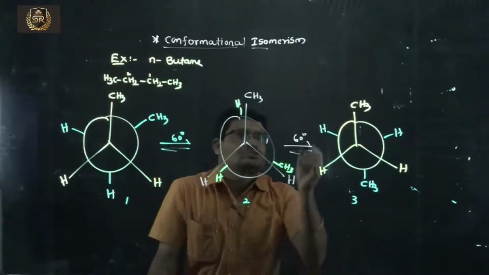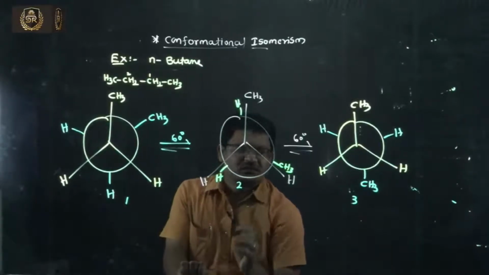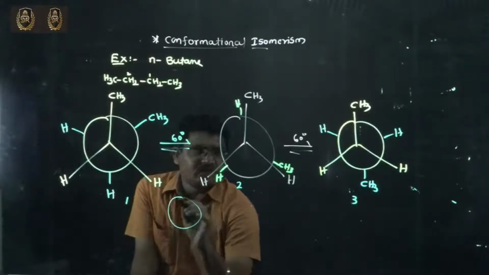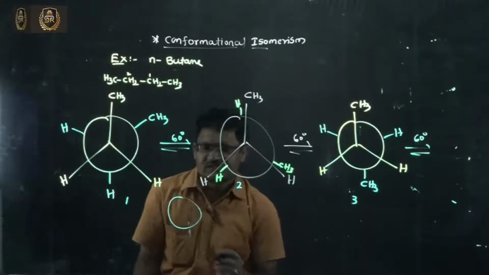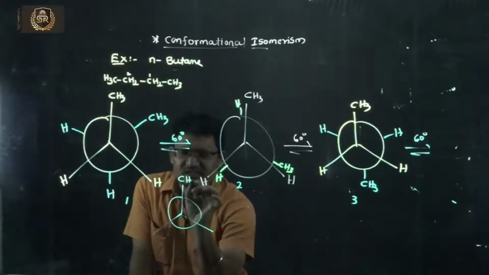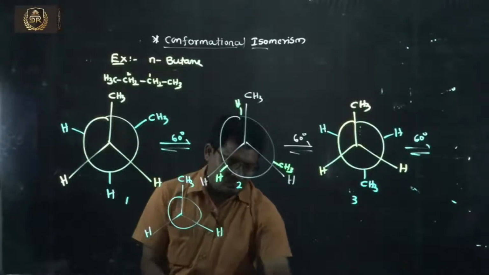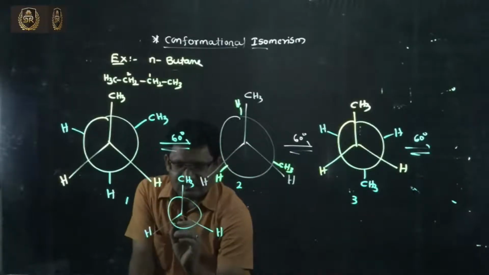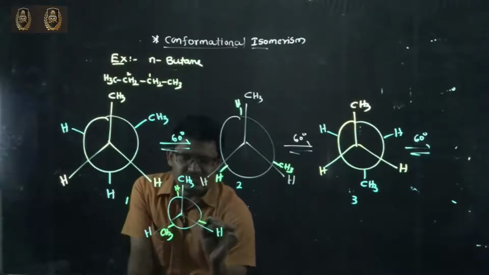Now, what happened in the fourth structure? Again rotating 60 degrees, a structure like this is formed. Here CH3, here H, this side H. The groups close to each other are CH3 and hydrogen.